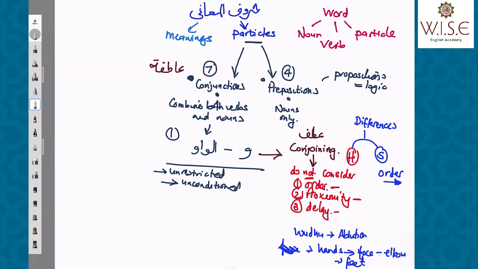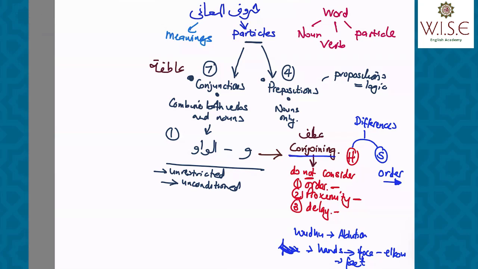Let's take another example. If we say the wow, all a wow does is just conjoining, right? So let's take another example. Somebody says to his wife, if you speak to Zaid and Amr, you are divorced.